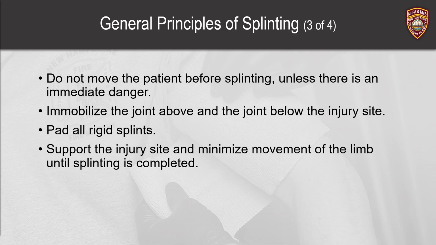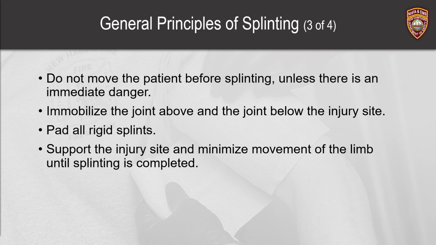So if we're immobilizing the joint above and below the fracture, if we break the bottommost portion of the tibia and the fibula, just above the ankle, what two joints are we going to immobilize? The knee joint, and then I guess the ankle joint.